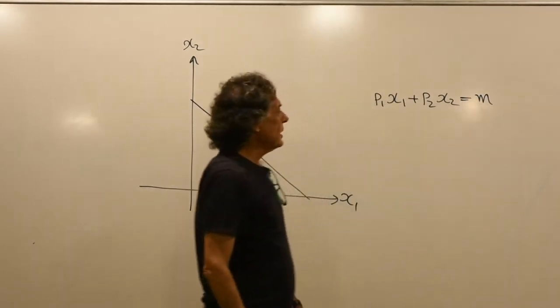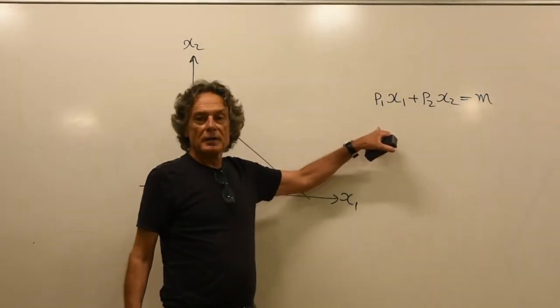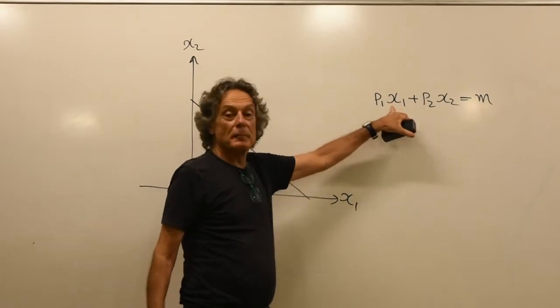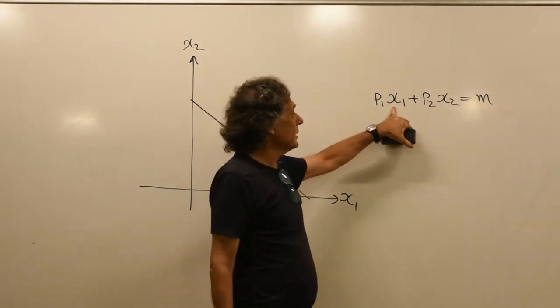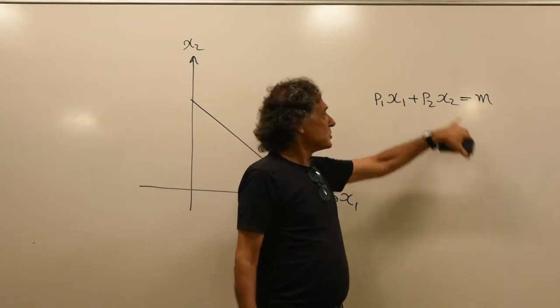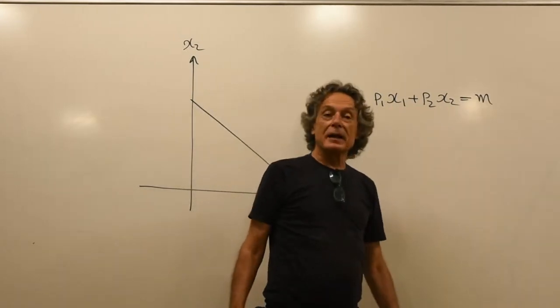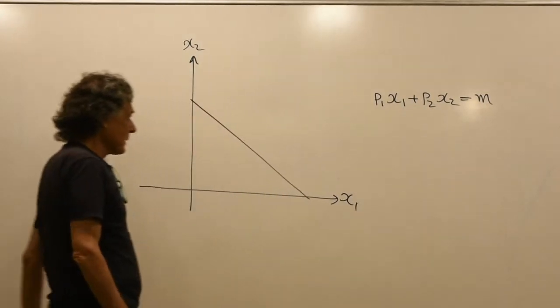The market price for X1 is P1. The market price for X2 is P2. X1 is the number of units of good 1, commodity 1. X2 is the number of units of commodity 2. And M is the income in monetary terms.